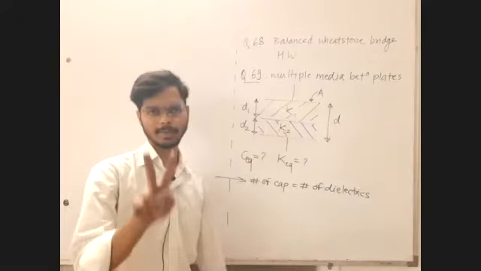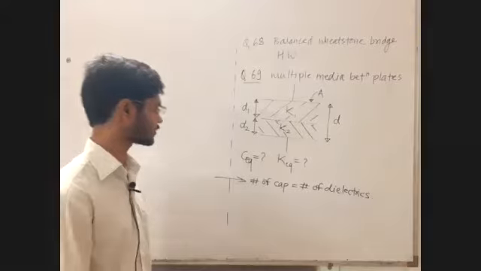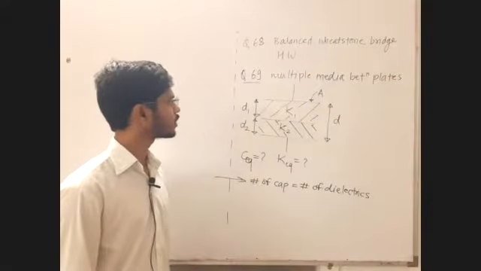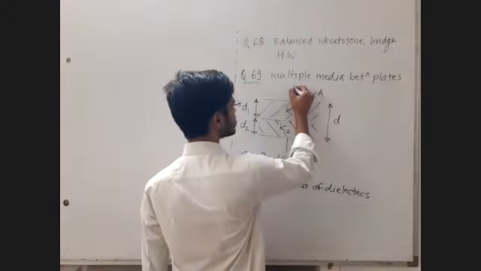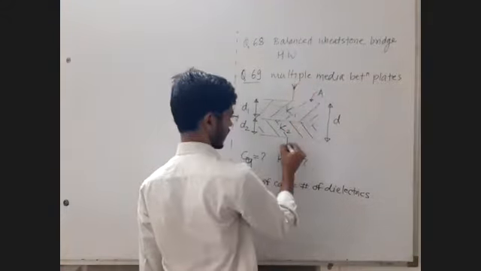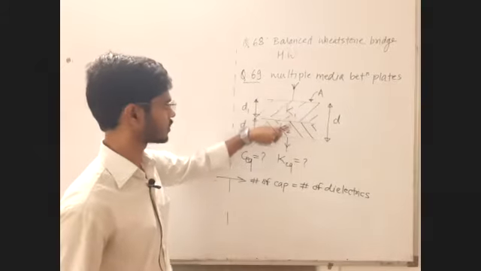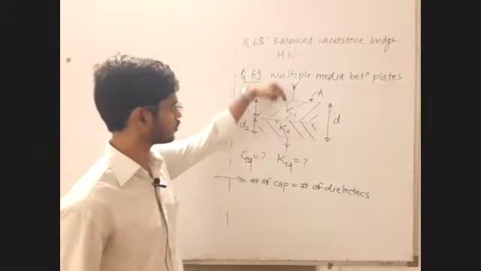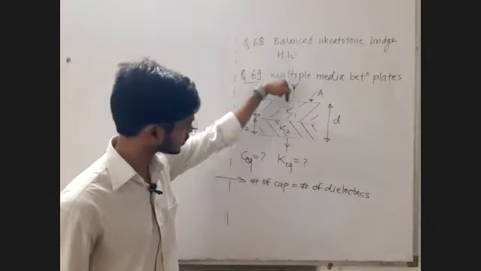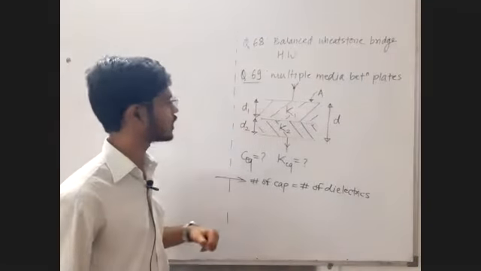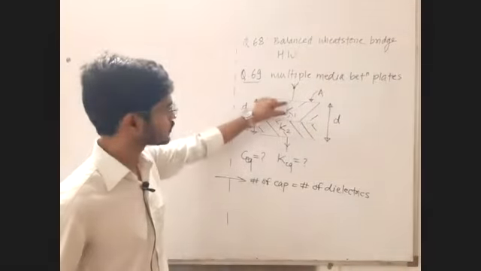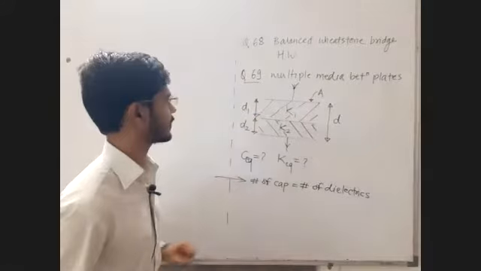So a total of 2 capacitors will be formed. Now you have to understand that the charge will flow like this and go like this. So this plate will store ultimately positive charge, this plate will store ultimately negative charge. This is the direction of flow of charge. And you can observe this is the first capacitor and this is the second capacitor.